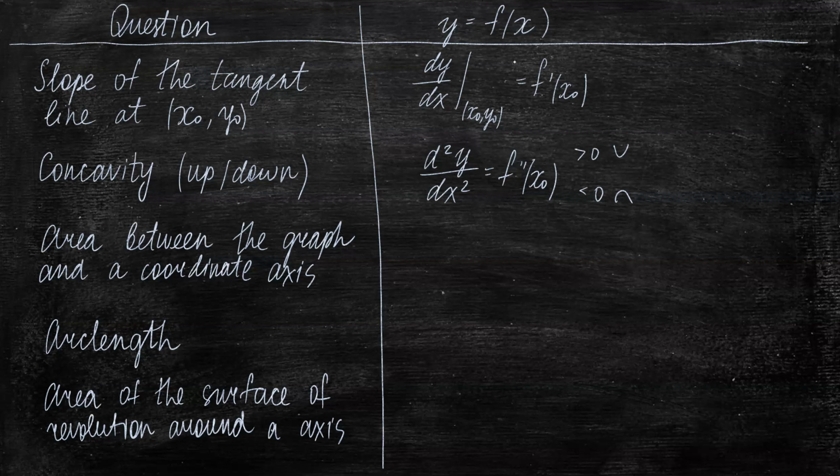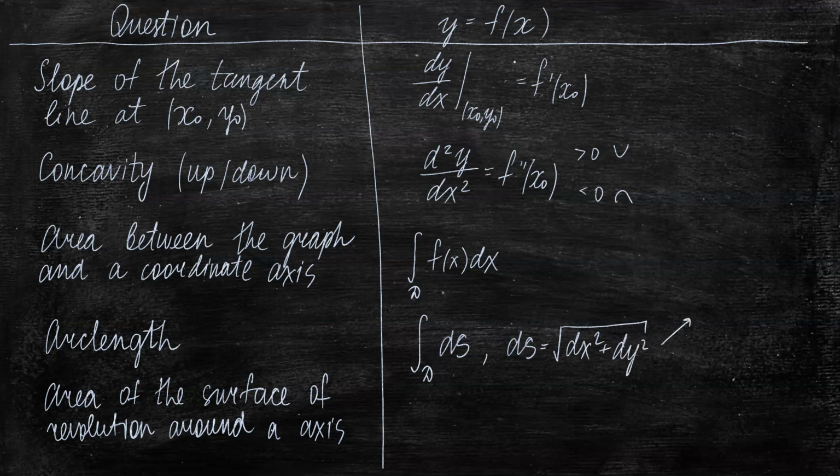How do we find the area between the graph and the coordinate axis? Well, we integrate the function, for example, in the x-axis, within some domain. How do we find the arc length? We also integrate over some domain. We integrate this piece of arc length, and we use this notation, but we understand that ds stands for this, and this can be interpreted as either dx or dy.